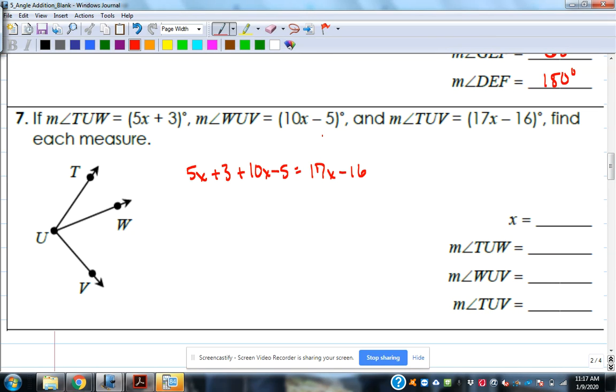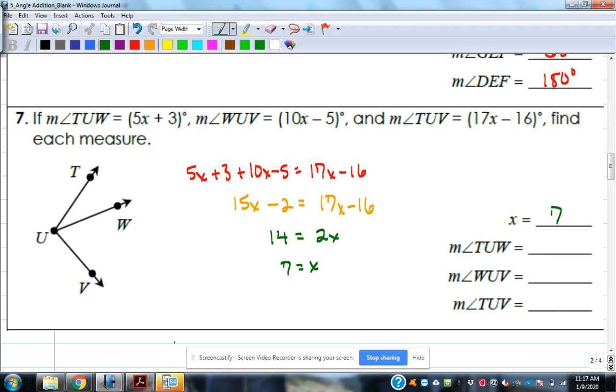So the 2 smaller angles add up to be the larger one. And then we've got an equation that has variables on both sides. So 15x minus 2 equals 17x minus 16. 14 is equal to 2x, and 7 is equal to x. And then we got to plug that into all of these and work it out.